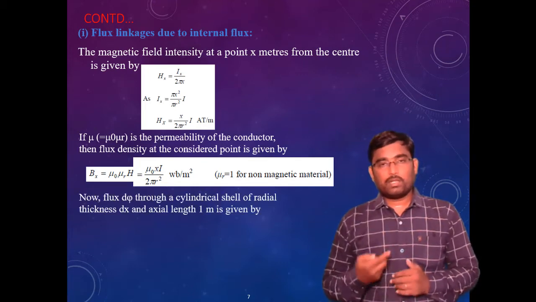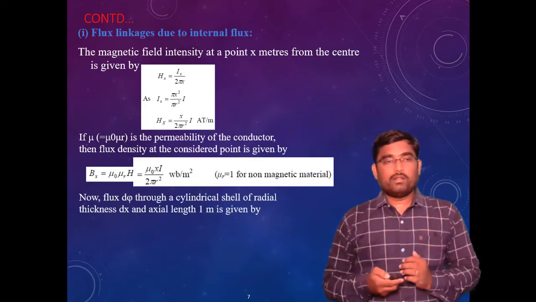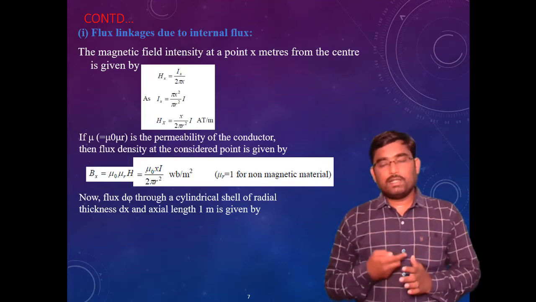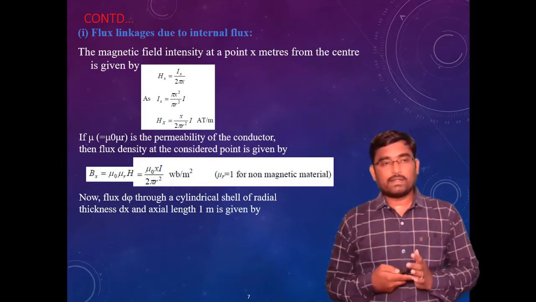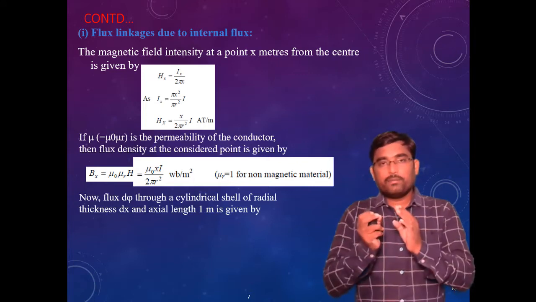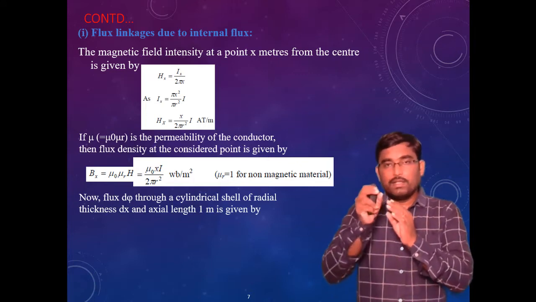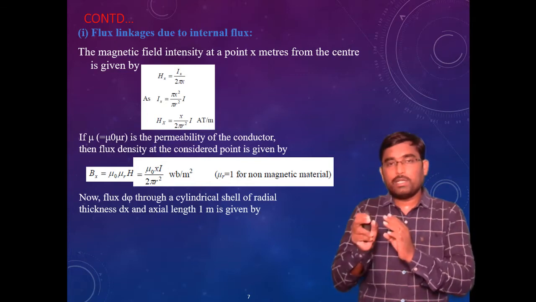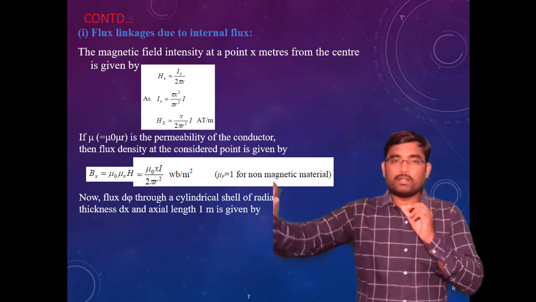Now, the flux dφ through a cylindrical shell of radial thickness dx and an axial length of 1 meter is given by the following. Inside the conductor I am taking a cylindrical shell of thickness dx meters with an axial length of 1 meter.